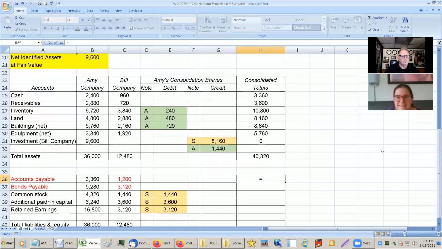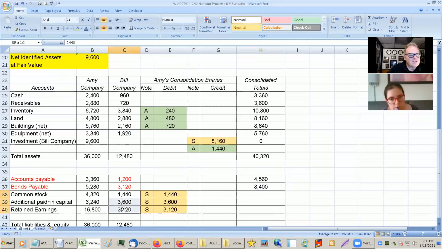Now, coming down here, we're going to add the liabilities together. Now, this is gone.